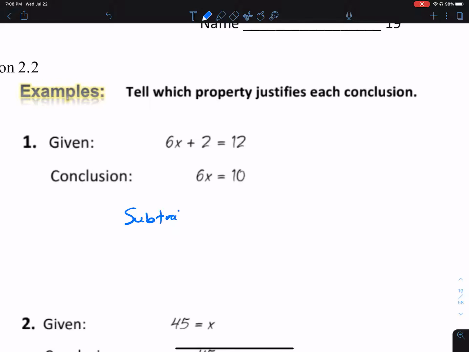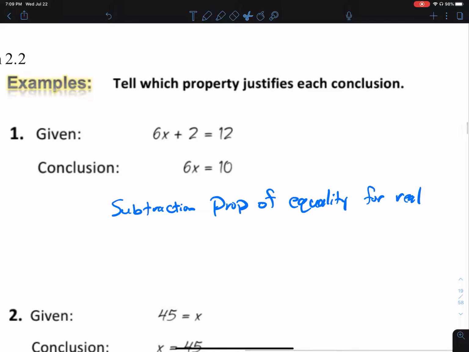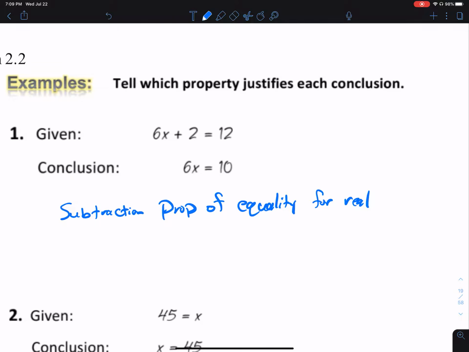That is the subtraction property of equality for real numbers. I know what you're thinking. Do I have to write all of that?